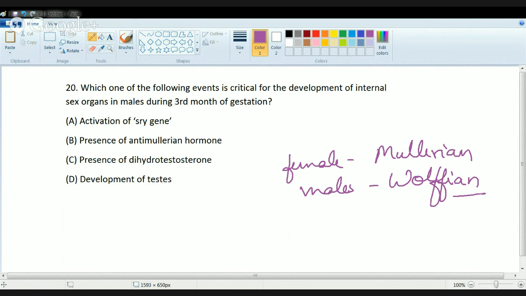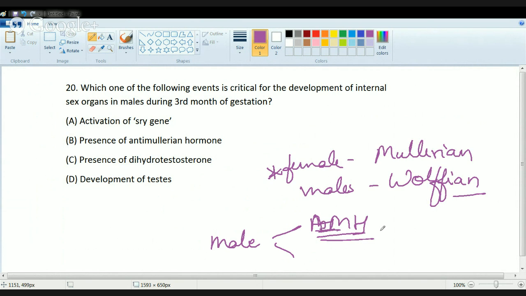Now what happens is, at this point, at 3 months, if the male secretes two hormones, so if the male secretes AMH, or the anti-Mullerian hormone, it suppresses the Mullerian system, or the female system, because it's an anti-Mullerian hormone.